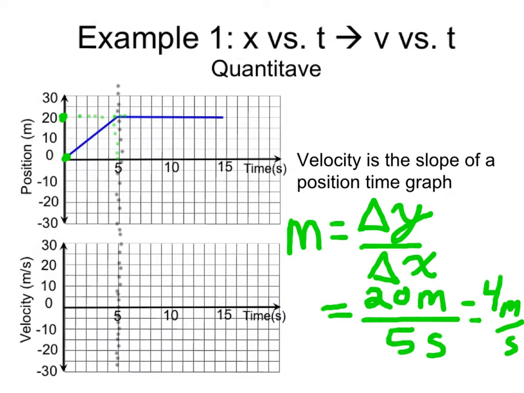So now I just find the place on the velocity graph that would be about 4, and notice that the slope is constant. Anytime you have a diagonal line, the slope is constant on that position time graph. And so I have a constant velocity of about 4 meters per second.